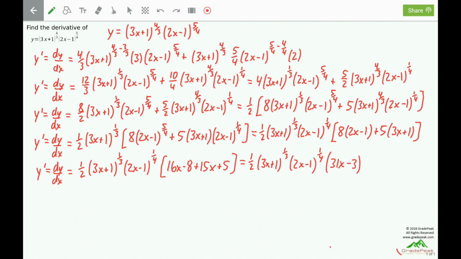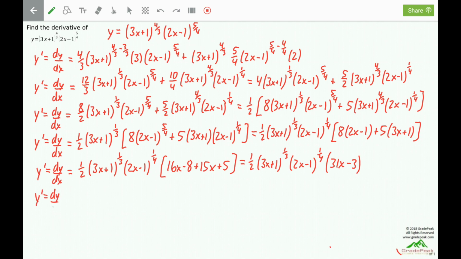So there it is simplified. That's one way to keep the answer. The 1/3 and the 1/4 powers may be able to be rewritten with radicals and as roots. So let's write that version down as well. And quite often that 31x minus 3 may be put in the front with the 1/2. So there's various ways this answer might be written.